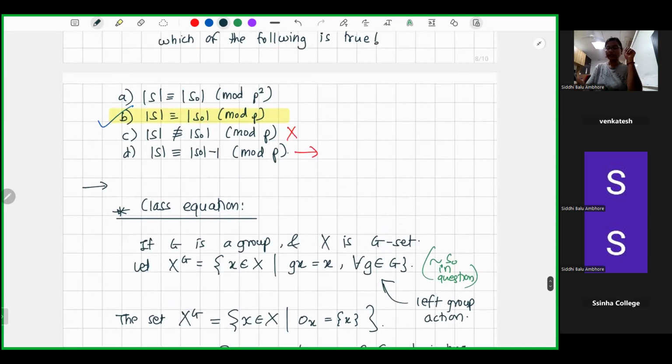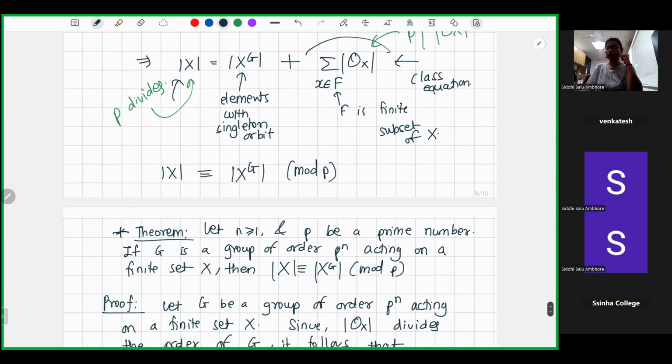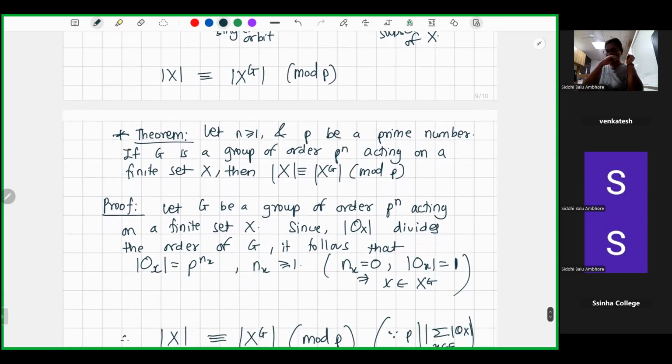And we cannot conclude anything about p square because we do not know, from the beginning itself, whether p square divides the cardinality of X and so on.